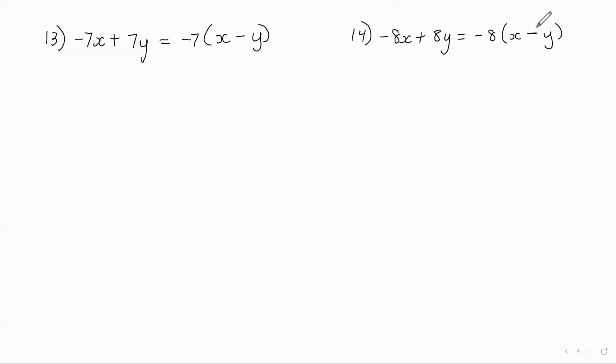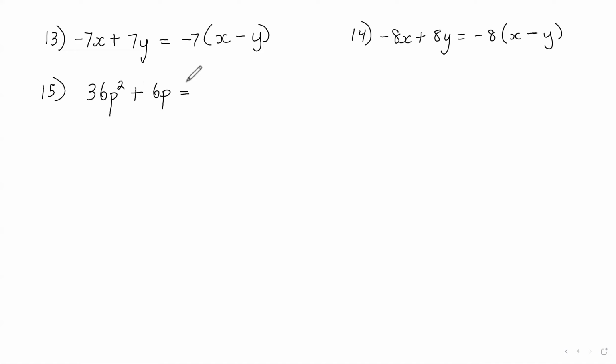Okay, now let's look at some with different numbers. Josh, what about 36p squared plus 6p?